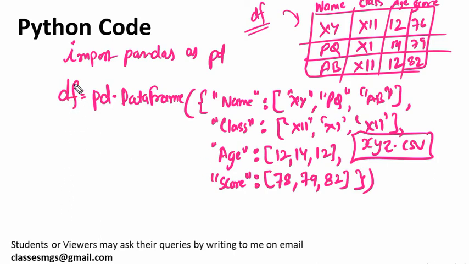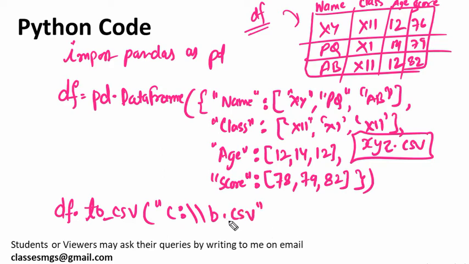Okay, now let's suppose you want to write this data frame to xyz.csv. In that case, you need to write df.to_csv and then the path of the file. Let's suppose you want to create it in the C drive with the name xyz.csv, then you need to do that.